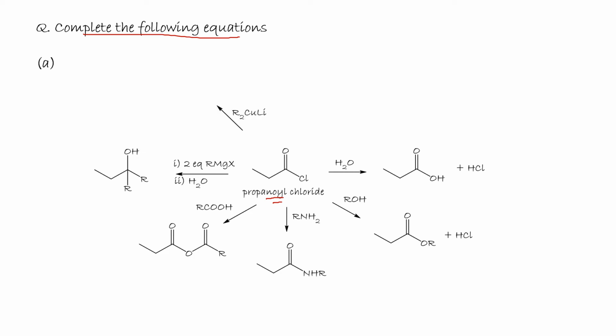Here is Gilman reagent, lithium dialkylcuprate, then you get ketone, right? If you reduce the acid chloride with sodium borohydride or lithium aluminum hydride, then hydrolyze, you get primary alcohol, right? You reduce this carbon to CH2. With lithium tri-tert-butoxyaluminum hydride, that will give you aldehyde. Right? We are done with this scheme.